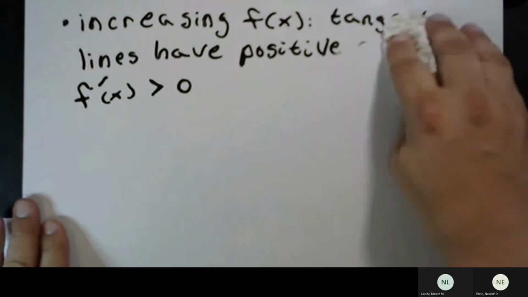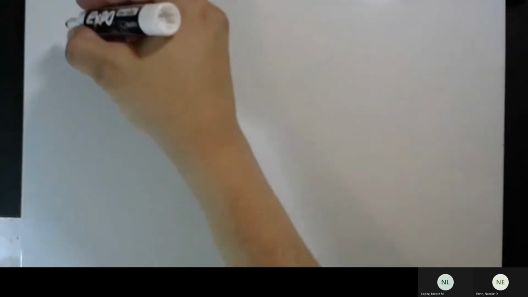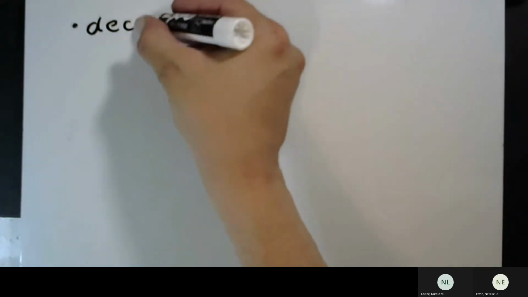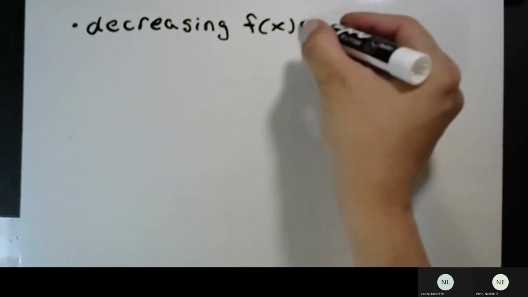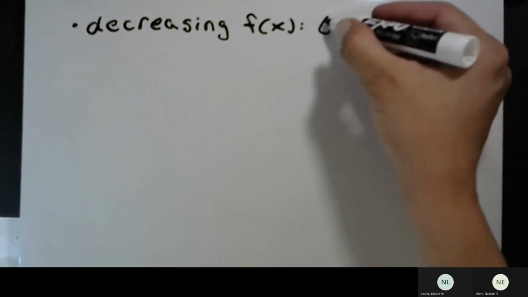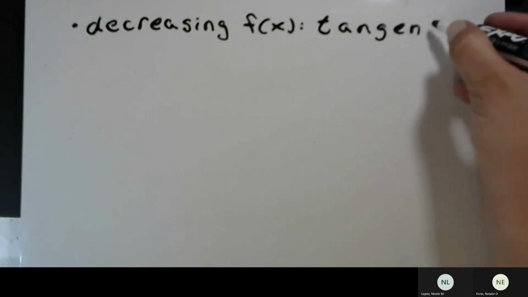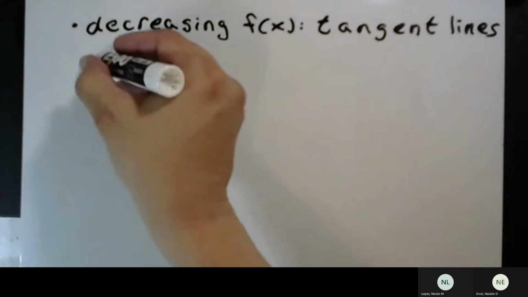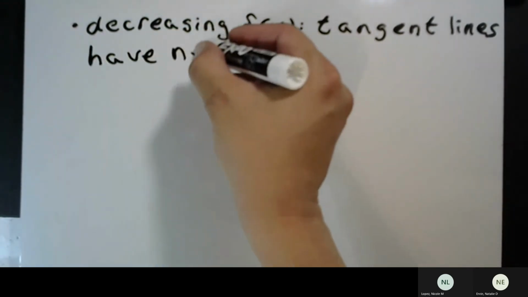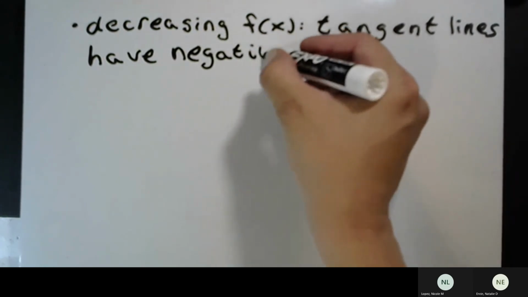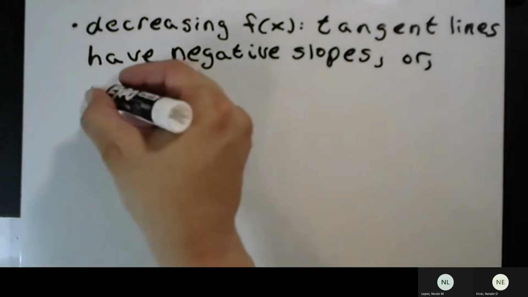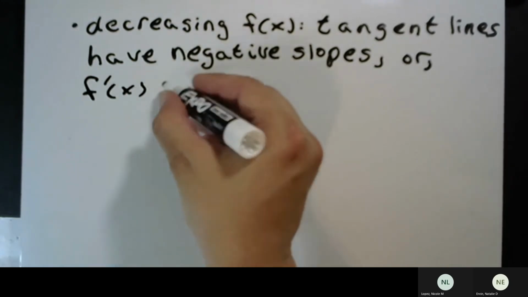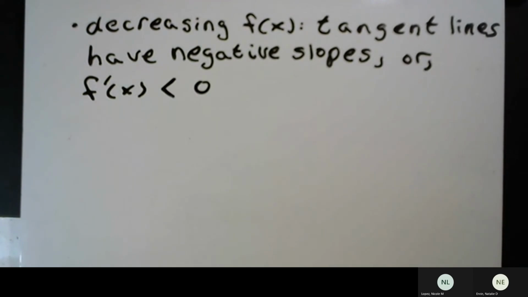Now, let's look at decreasing f of x. Here, the tangent lines have negative slopes, or f prime of x is less than 0. So again, let's take a look at an arc.